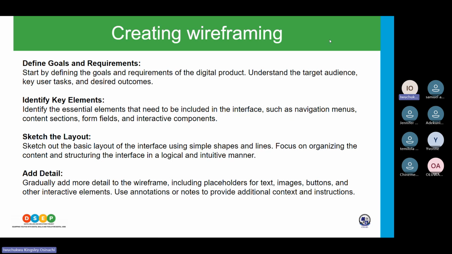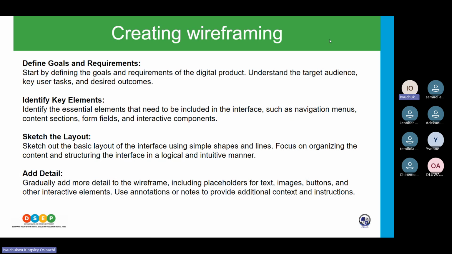The fourth one, you add details. You gradually add more details, including placeholders for text, images, buttons, and other interactive elements. Use annotations or notes to provide additional context and instructions. This is what I told you guys before we started, right? When you are done wireframing, make sure you add annotations, like notes to explain what goes where.